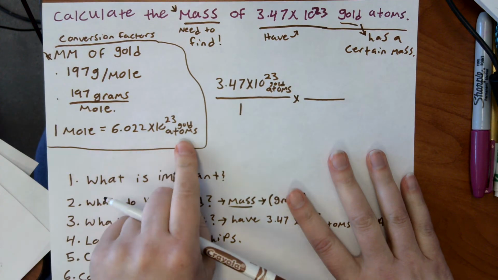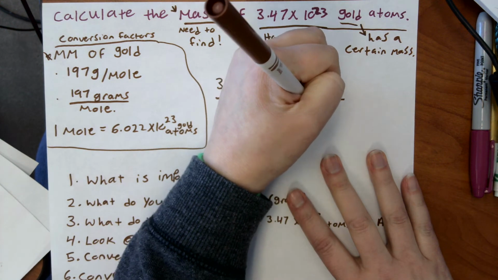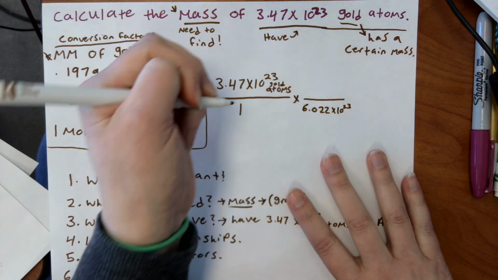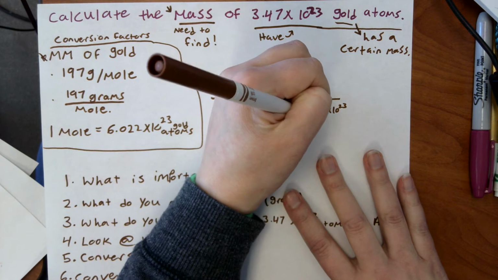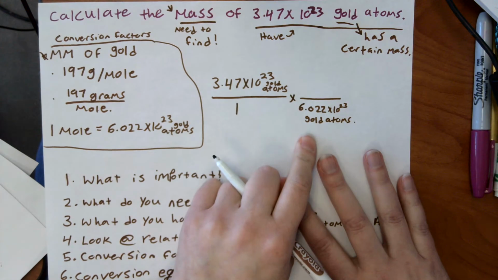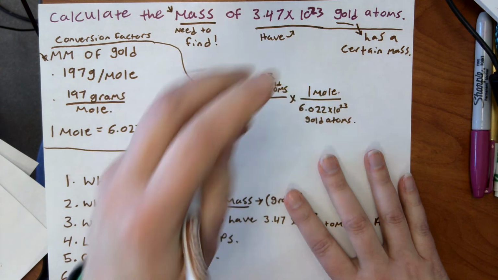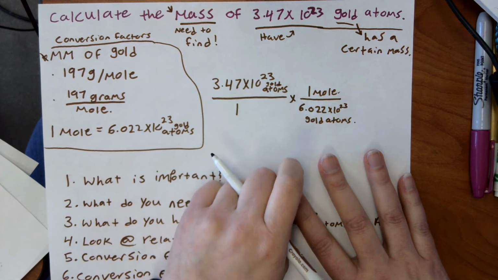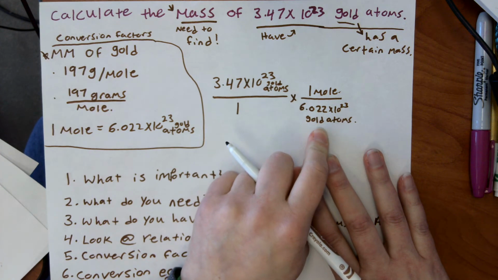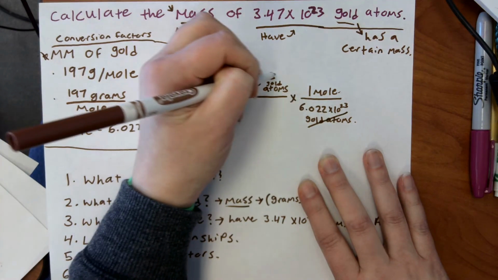Gold atoms has to be on the bottom, so we write the 6.022 times 10 to the 23rd gold atoms on the bottom, and the 1 mole has to go on top. So 1 mole equals 6.022 times 10 to the 23rd gold atoms. That is going to cause our gold atoms to cancel out.